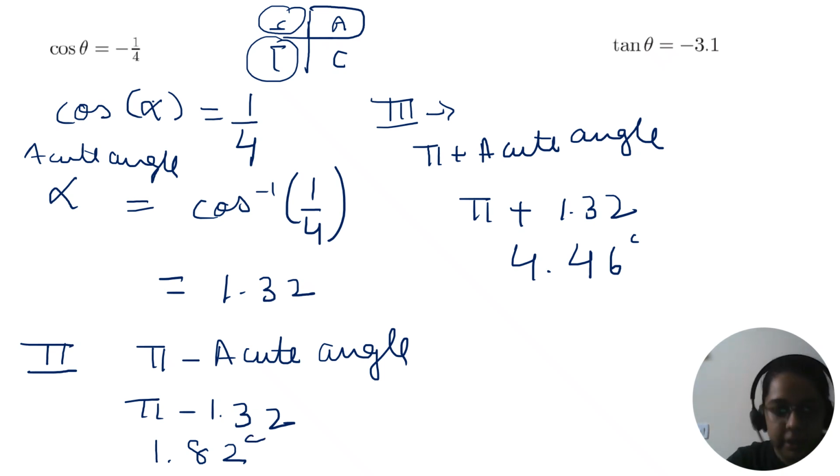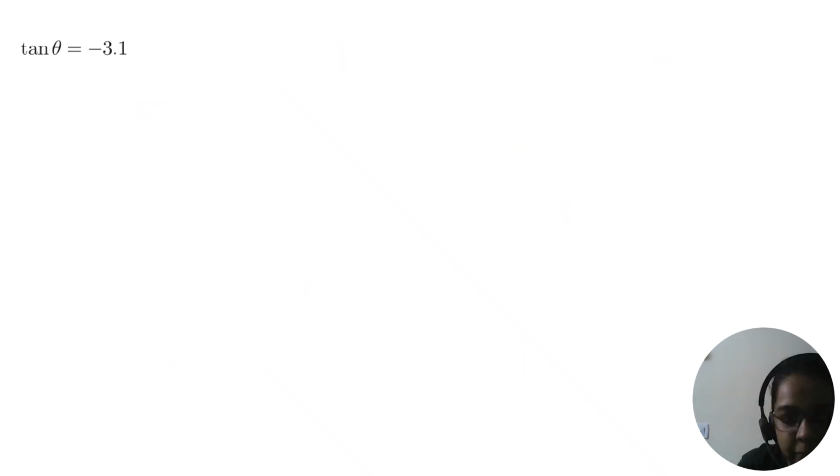Okay, so that helps. Let's see another for tan theta equals negative 3.1. So tan theta is negative 3.1. First, we will find out the acute angle. To find the acute angle alpha, I need to take tan alpha as positive, which is 3.1.